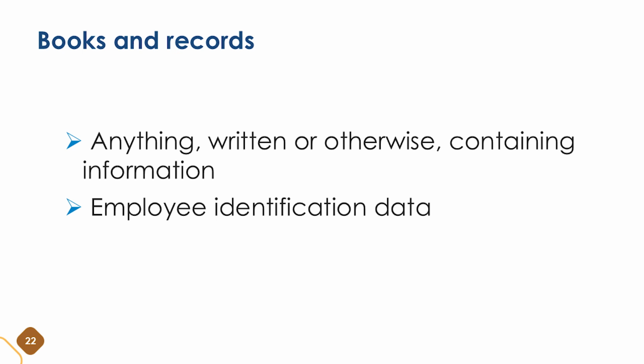In short, if you have created or received a document that relates to your business activities or financial transactions, it is a record for the purposes of the Income Tax Act.